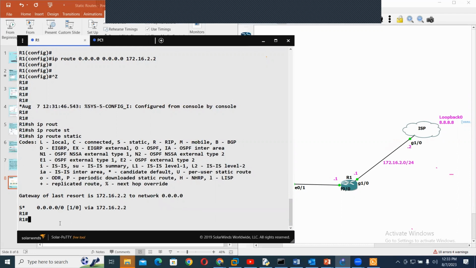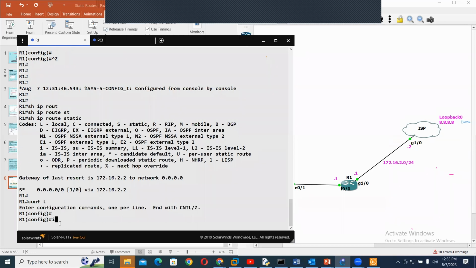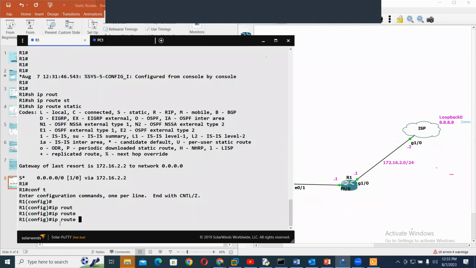There's another way we can configure IP routes: instead of the next hop as an IP address, we can configure the next hop as the exit interface. Let me do it here now. Config T, IP route 0.0.0.0 0.0.0.0, our exit interface is G1/0.